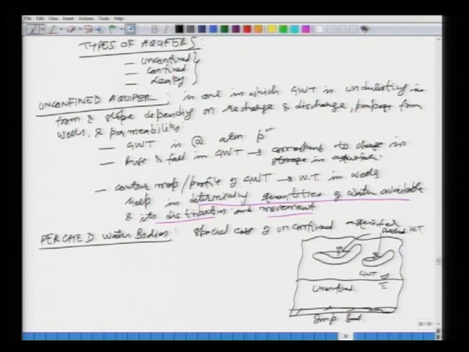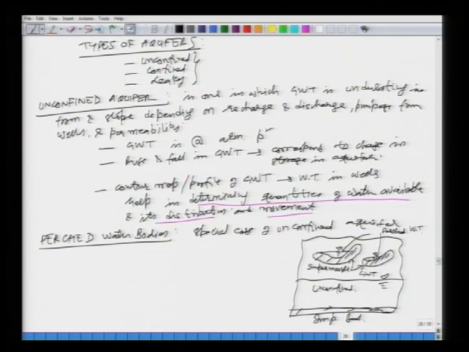These are some clay lenses, some impervious material lying above the groundwater table. These are impermeable strata, this one and this one.